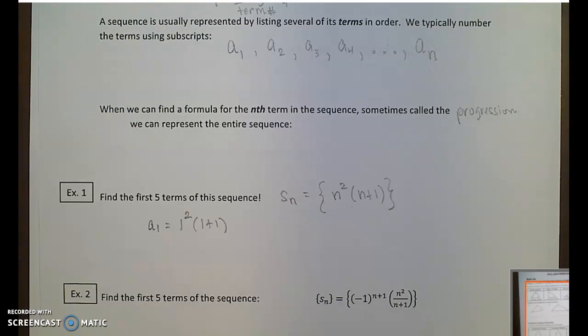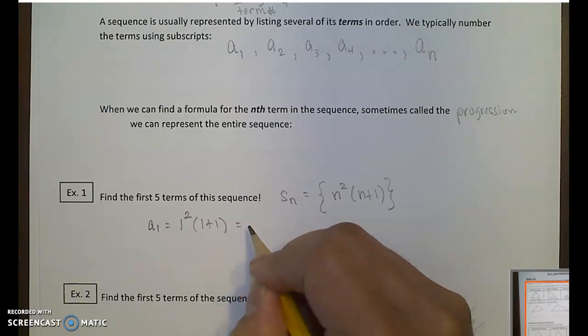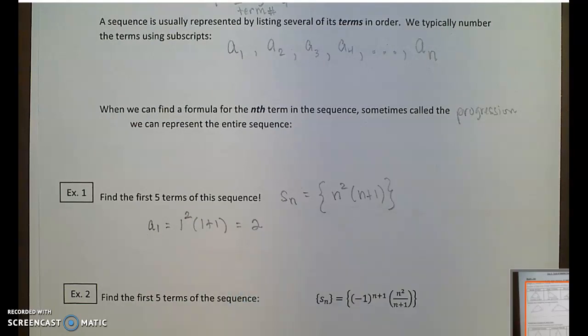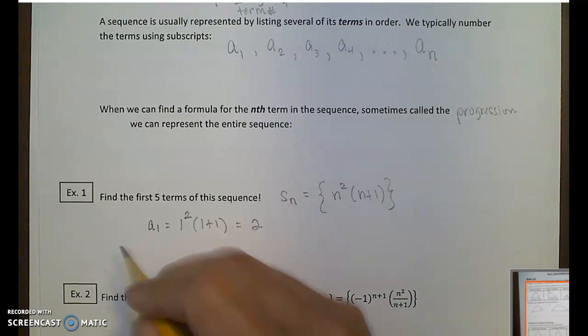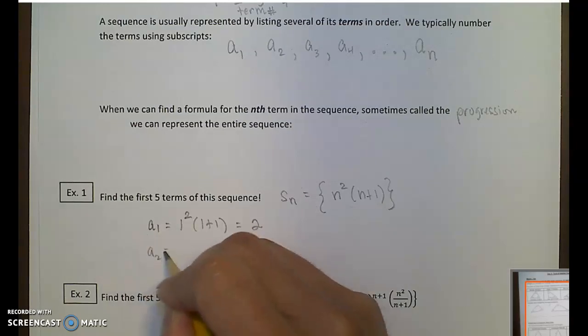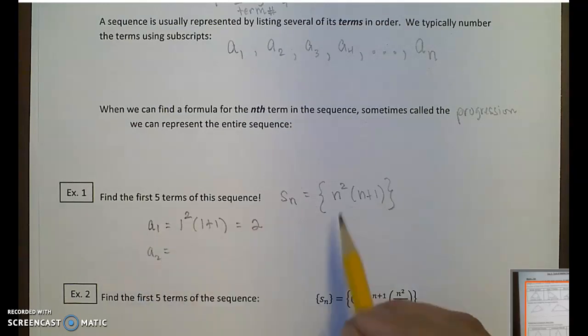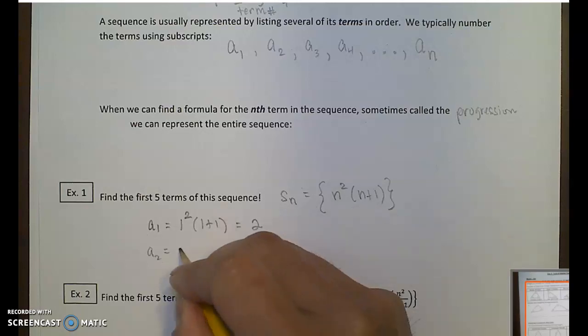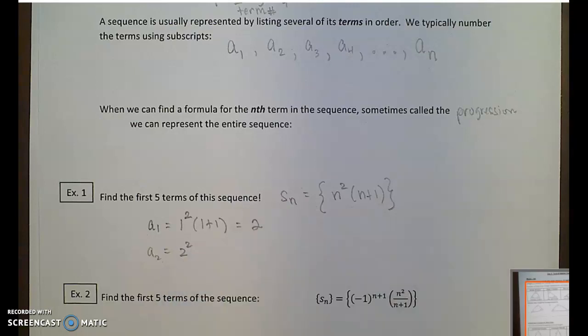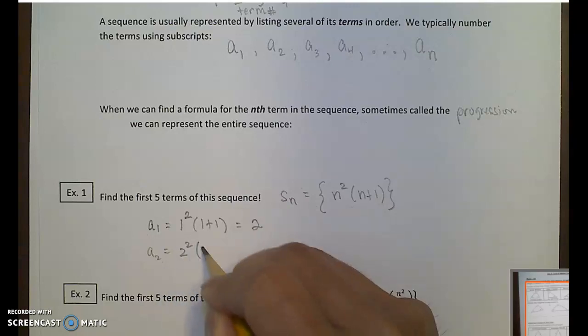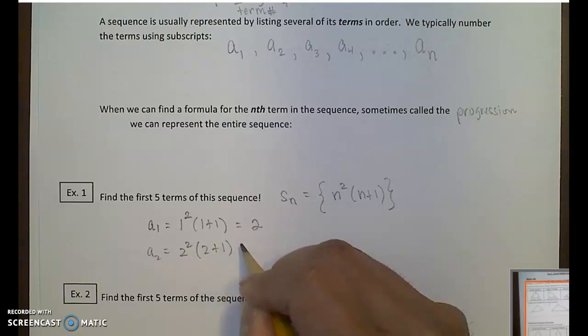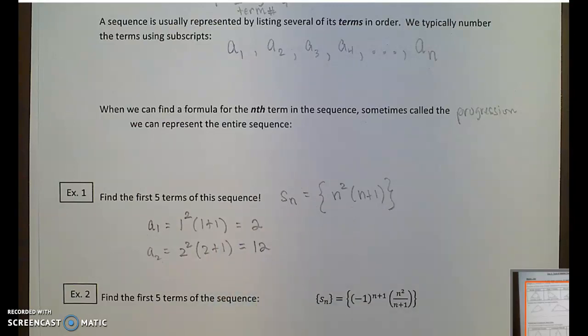So the first term is going to have a value of 2. Find the second term. According to this formula, again, n represents the term number, so all we've got to do is plug in 2 for n. So we've got 2 squared times 2 plus 1, and that's going to equal 12.